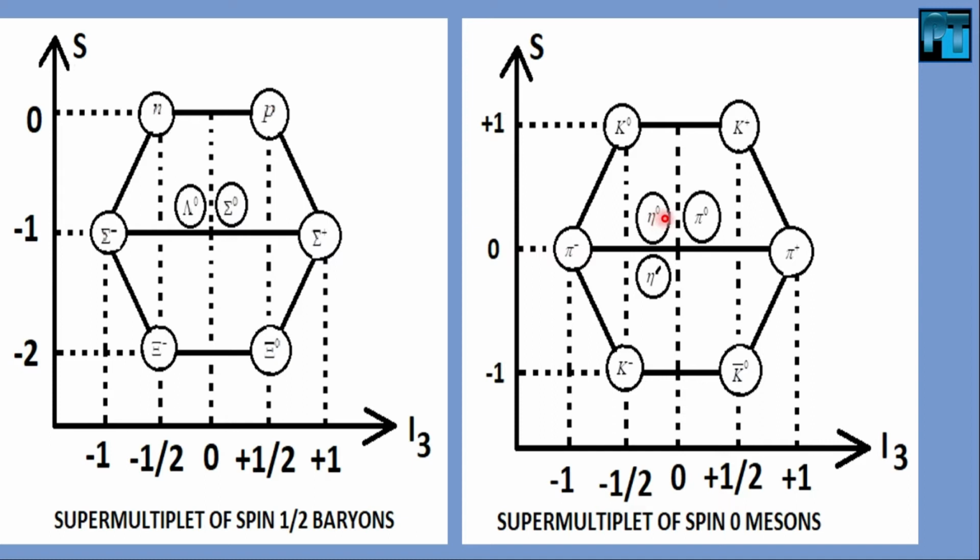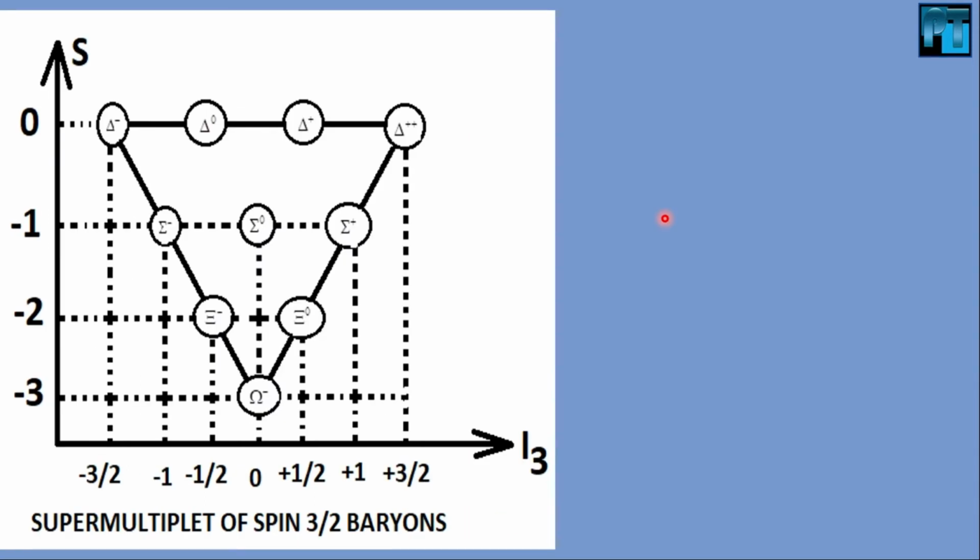Now let's go to the next picture, because that one is very interesting. See, I didn't mention these delta particles in my previous lectures. I shall explain now. This is also an S versus I3 graph, and this is the supermultiplet of spin 3/2 baryons. It is called the baryon decuplet.